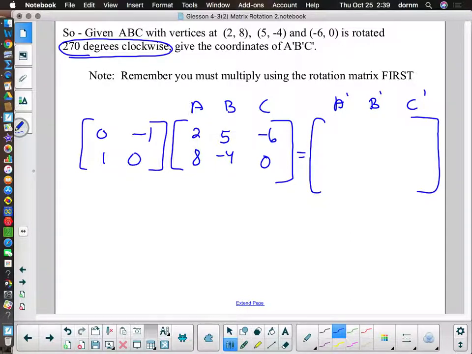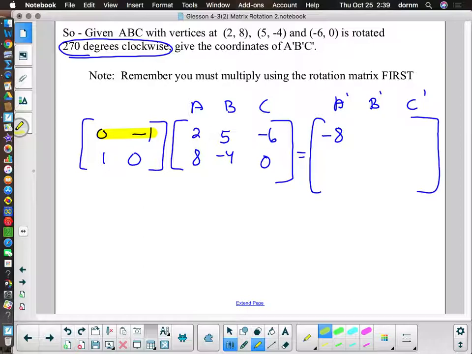And I'm going to go ahead and do my multiplication. So starting multiplying, again, I'm going to do row 1 times column 1. So that's 0 times 2 is 0. And -1 times 8 is -8. So that's just going to be 0 plus -8 is -8. And we get a -8 there.